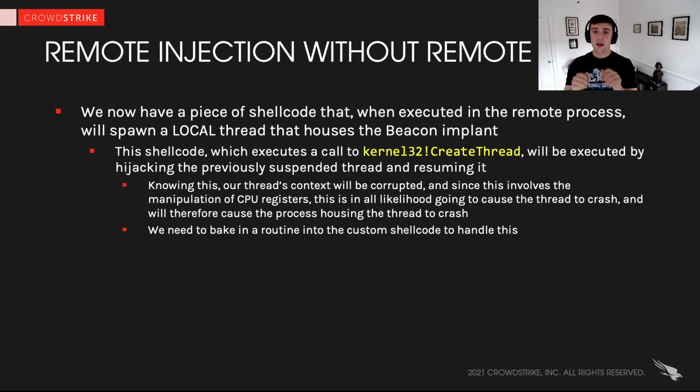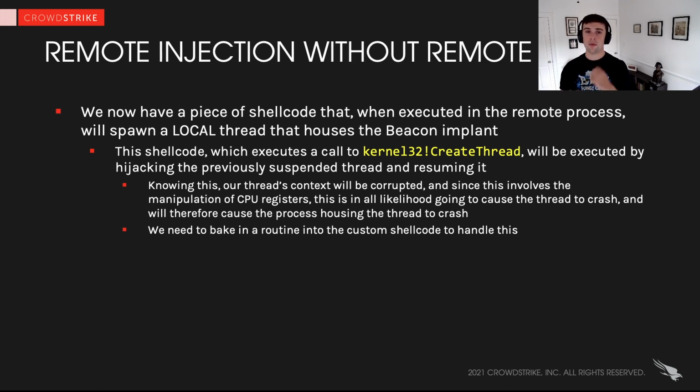So now we have a piece of shellcode that, when executed in context of the remote process, will spawn a local thread that houses the beacon implant. Knowing this, though, in order to execute the code, what we actually need to do is perform the thread hijacking to kick off this execution, right? And the thread hijacking is going to rely on corrupting that previously captured context structure.